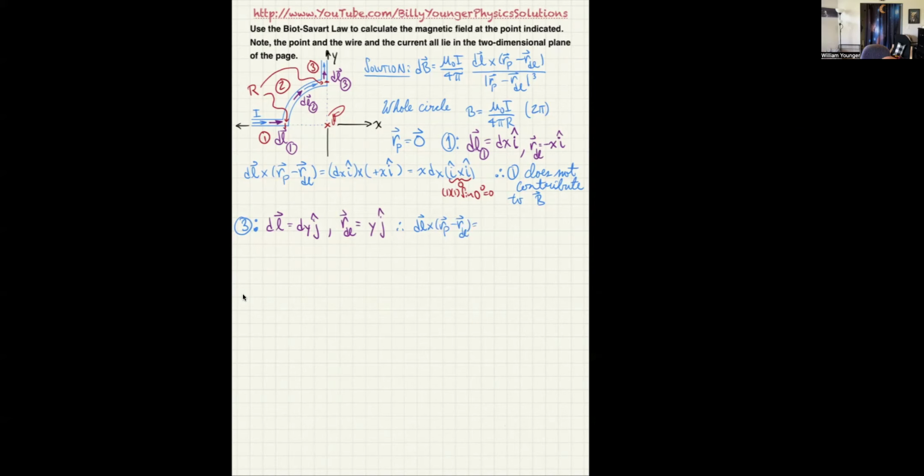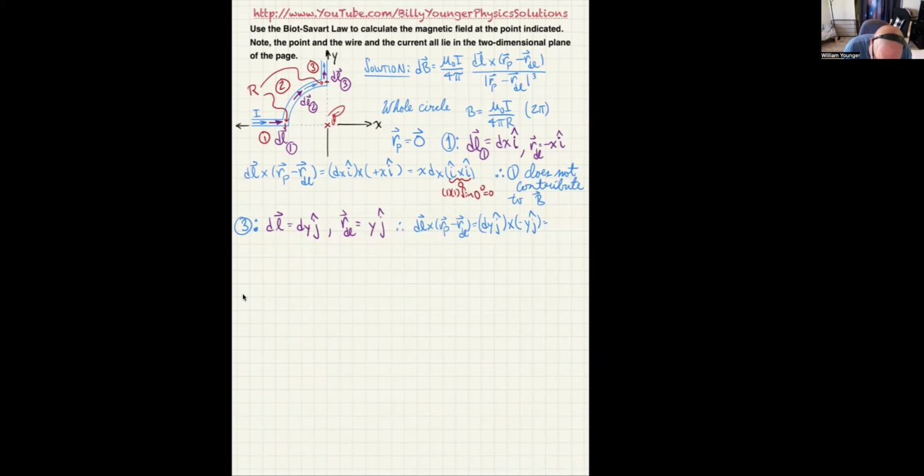The DL is obviously going to be dy j hat, and then we're going to cross that with RP minus RDL. RP is 0, so RP minus RDL is going to be negative y j hat. When we take the cross product, we get negative y dy.